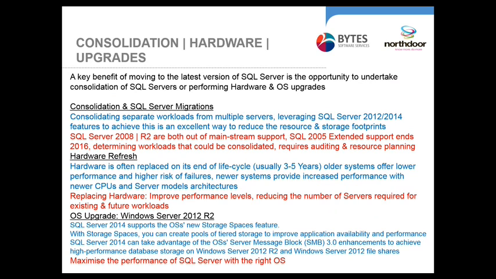And that's going to reduce the licensing requirements for all those servers, and also the footprint and the estate management, so the power that you're going to use in that data center, for example. All of those are reduced. And you probably require some audits and resource planning in order to achieve that effectively, rather than just trying to put everything on one box and hoping for the best.